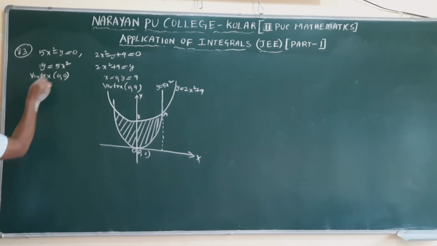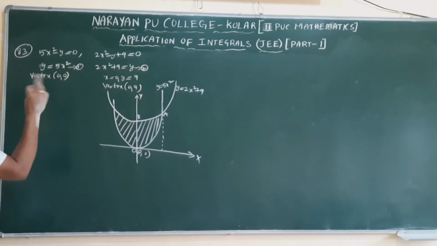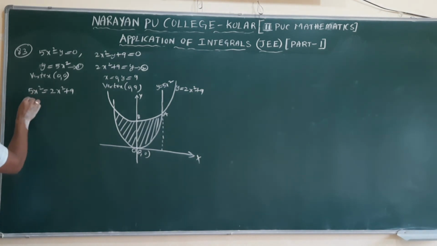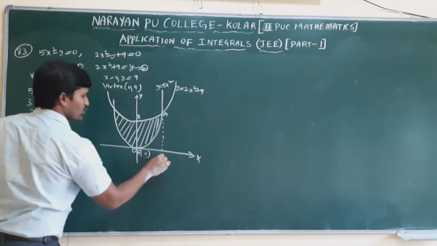We'll solve this: take this as 1 and this as 2. For both, y is equal, so I'll compare the remaining sides. 5x square equals 2x square plus 9. Take 2x square to this side: 3x square equals 9. x square equals 3. x is equal to plus or minus root 3. So here root 3 is what we get.